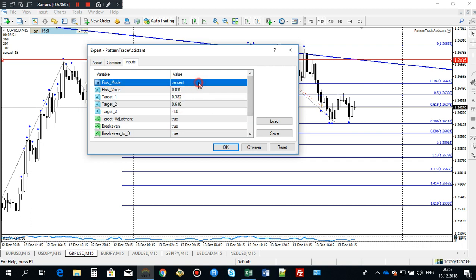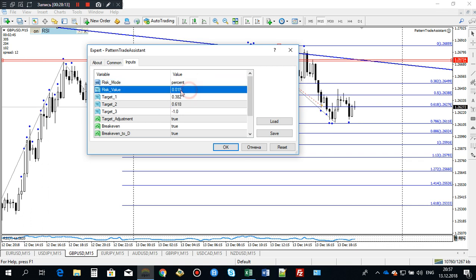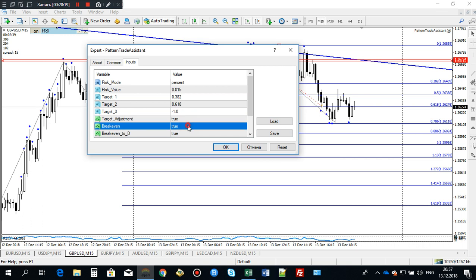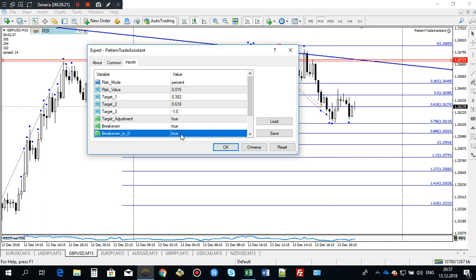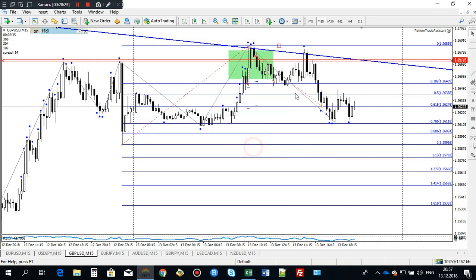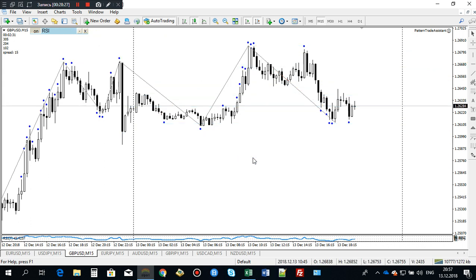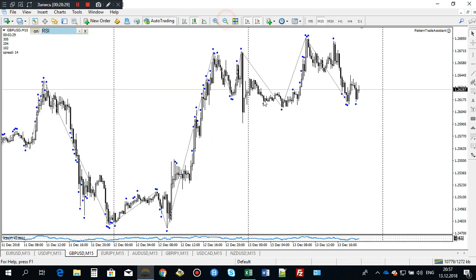You set the type of trade, position size calculated, and you set the risk value, how much you're going to risk. Then you choose target adjustment, break even, to the D point, or whatever. You choose those multiple options, and then they are traded the way you have chosen.